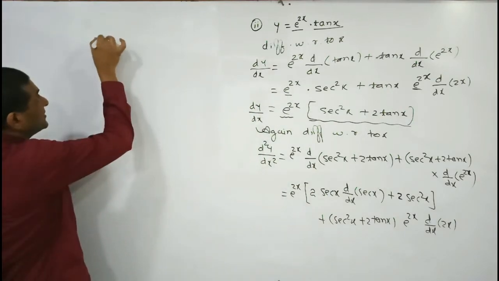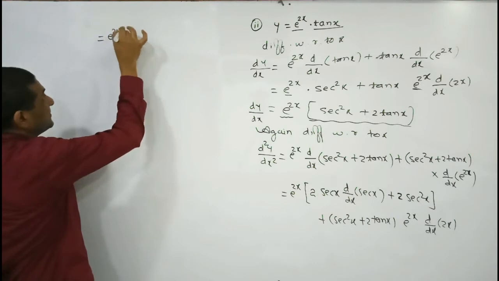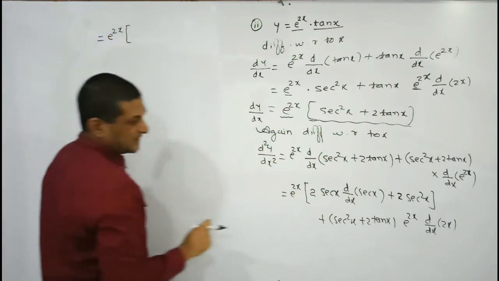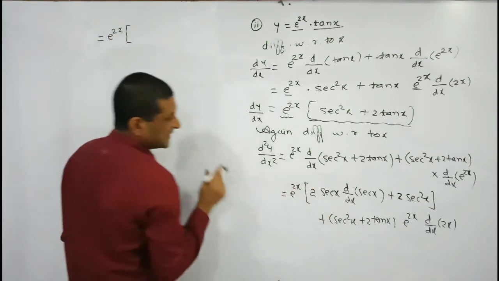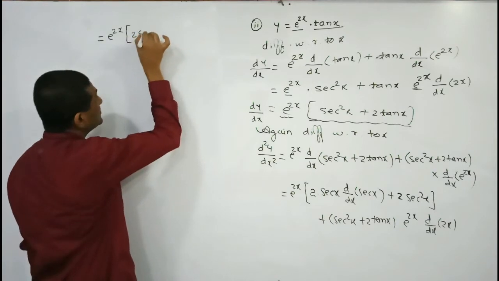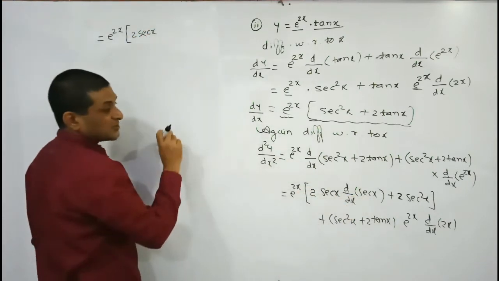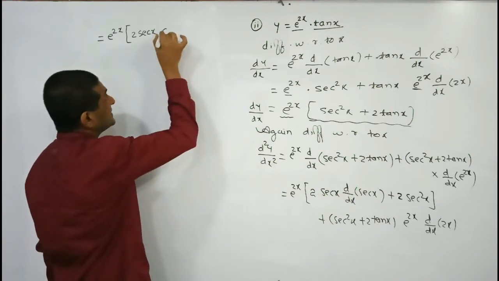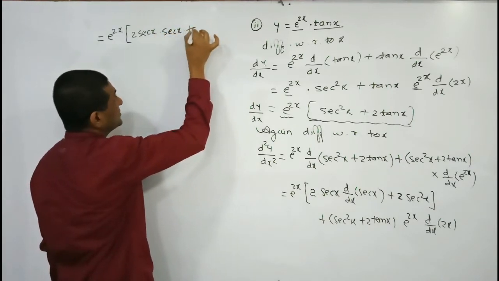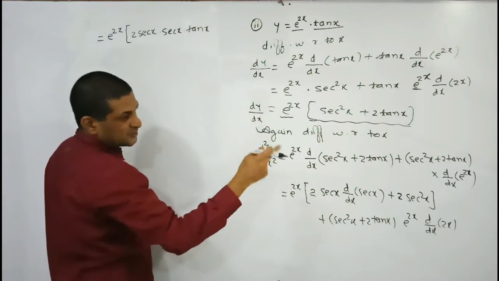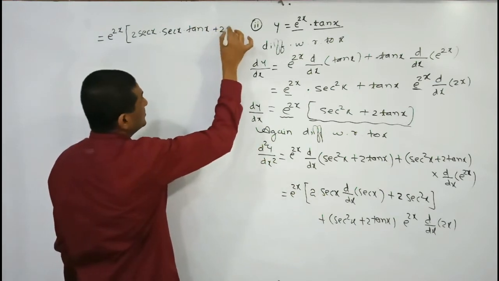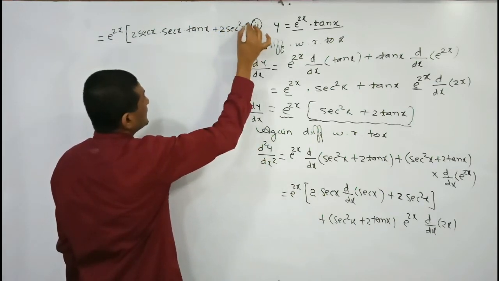So which is equal to e raised to power 2x, keep it as it is. Let us see what we'll get here. 2 into sec x will be 2 sec x, and the derivative of sec x will be sec x into tan x, plus 2 sec square x as it is.